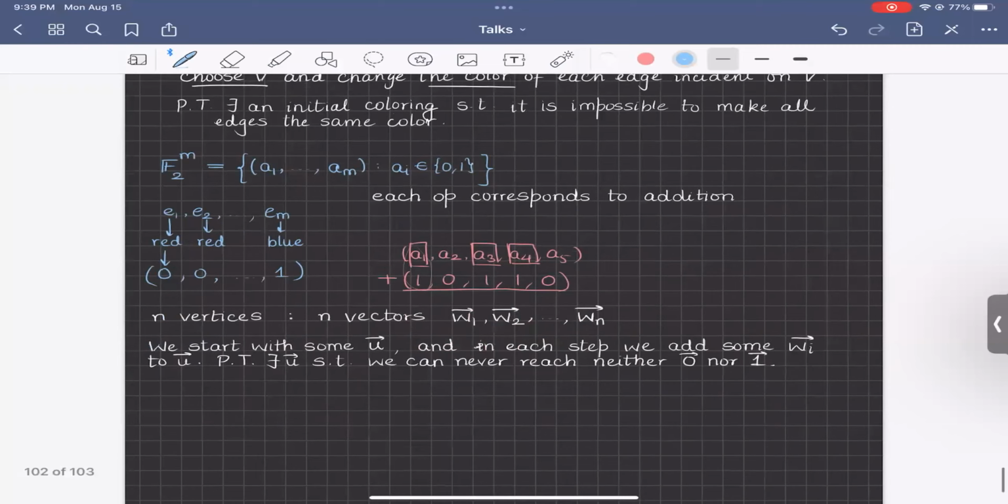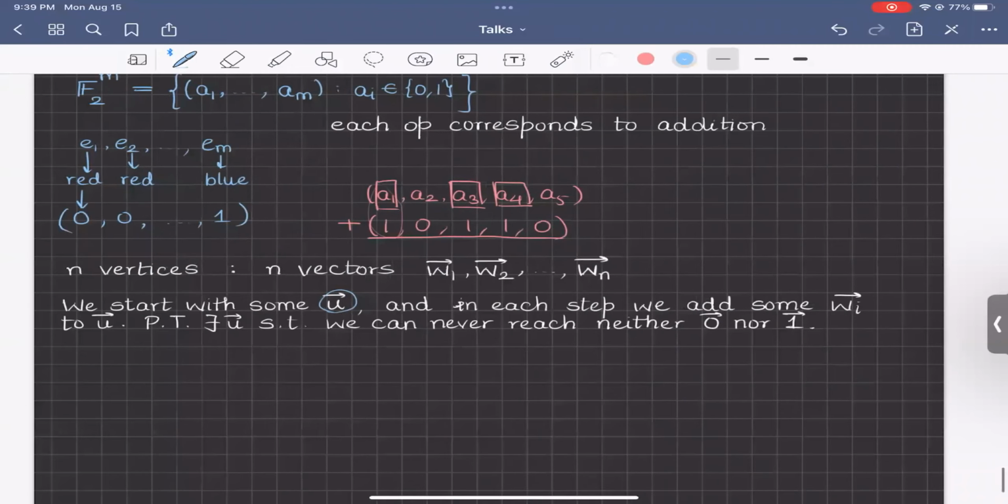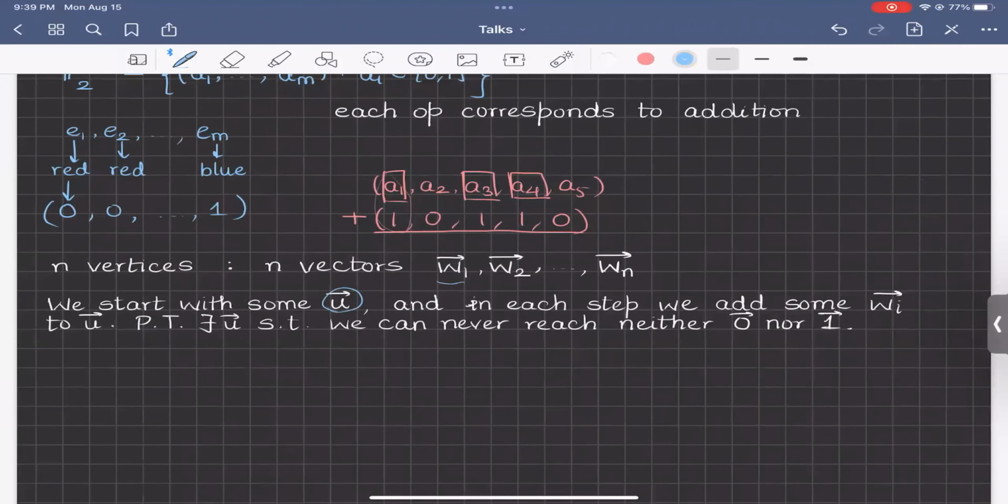First of all, note that adding the same vector twice just cancels out, because adding commutes and WI plus WI is 0. So the only thing we need to consider is this set.